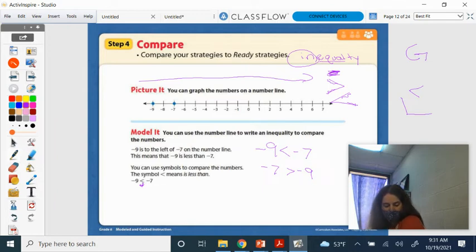So 9 is further away from 0 than 7. And since it's a negative number, the closer to 0, the better you are, and the further away from 0, the lower.